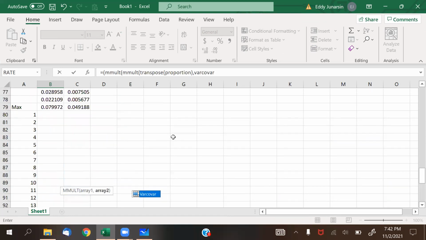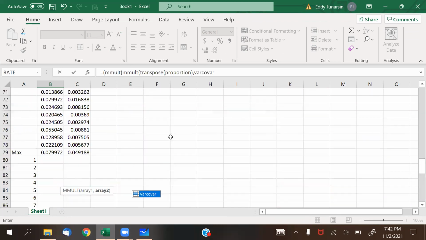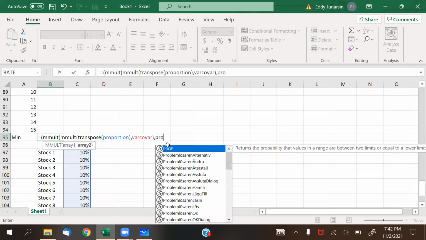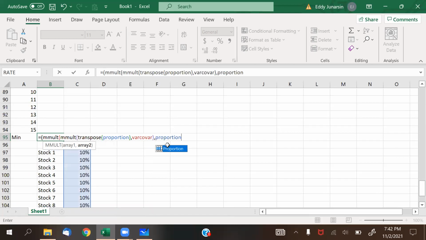You see here, this one. Proportion, variance-covariance, and then again with weight, but we name it proportion here. Proportion, and then we find the square root of it.